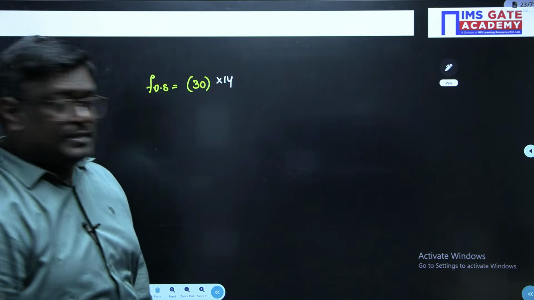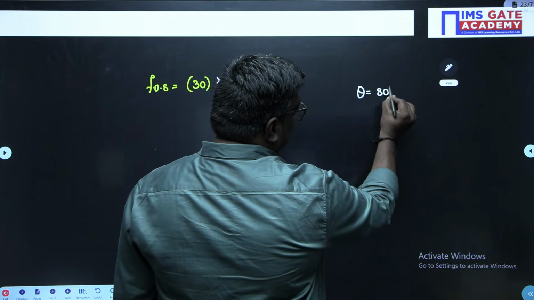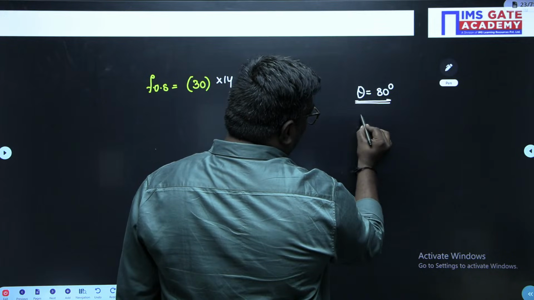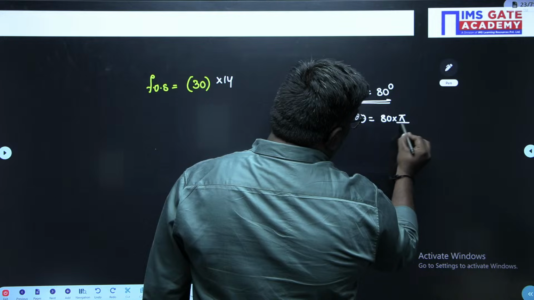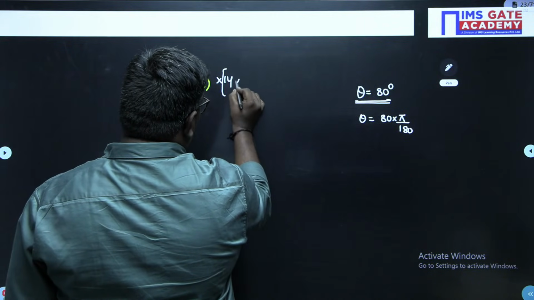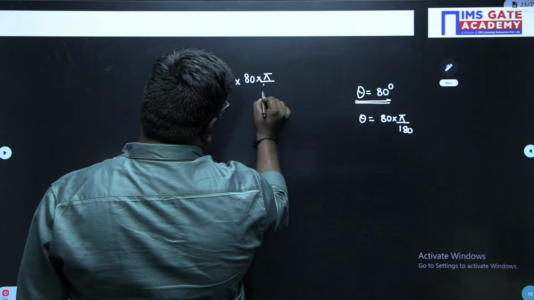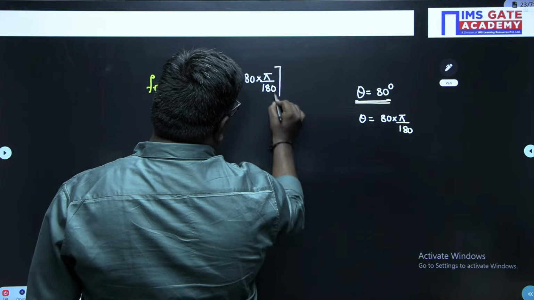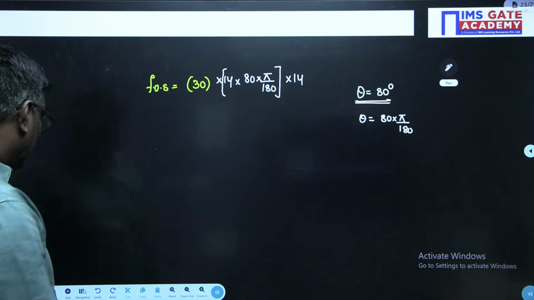Please understand here that the theta value is given as 80 degrees, so you have to convert this value into radians, so 80 into pi by 180. So CLR is 80 into pi by 180 into 14 into 30. Now we have to find out the weight.